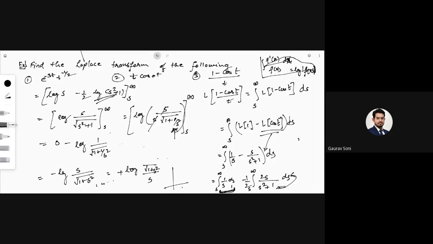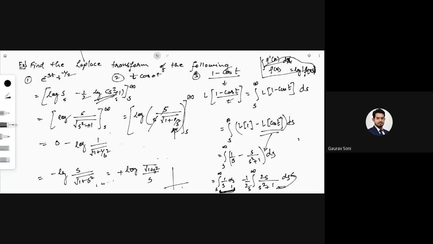Now, if you put infinity, log of infinity becomes infinity. I mean, you won't get an answer. So that's why I have simplified it to this form. So log a minus log b, that will be log of a by b, s upon under root s square plus 1.